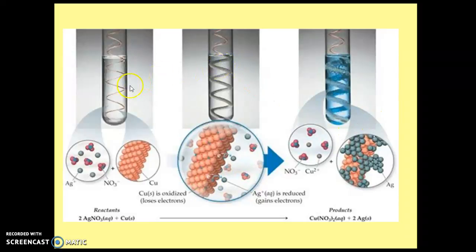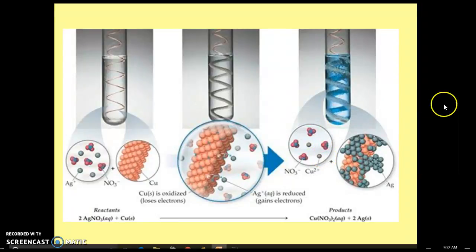If you look at the picture, it's just like the lab we did. We see silver starting to plate on this piece of copper metal, and the solution ends up turning blue because silver is plating and then we get copper in solution. So it turns into that blue solution we're used to seeing. And here's the chemical equation on the bottom. But it's a really good thing to think about what's going on at the molecular level.